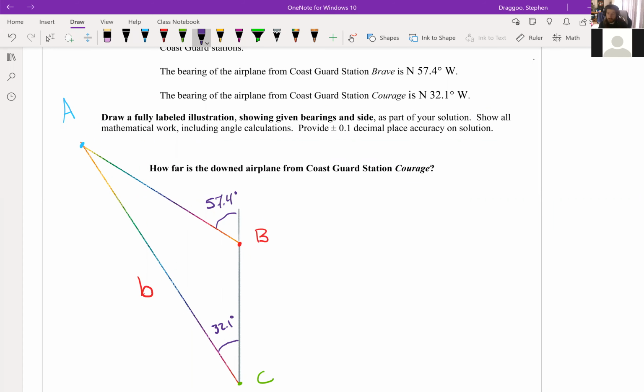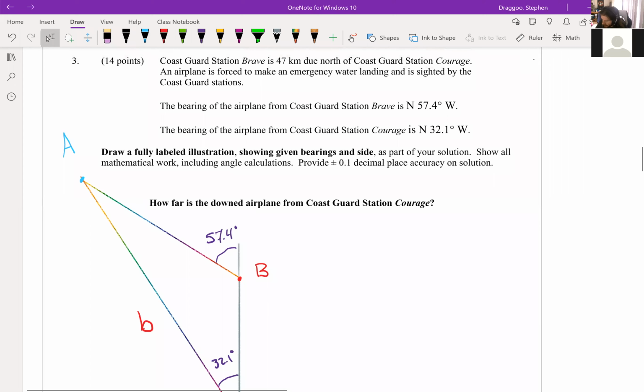All right, so now that we have those bearings labeled, the last piece of given information was the distance between those two Coast Guard stations. And we know that it should be 47 kilometers. So we'll put a 47 right there.